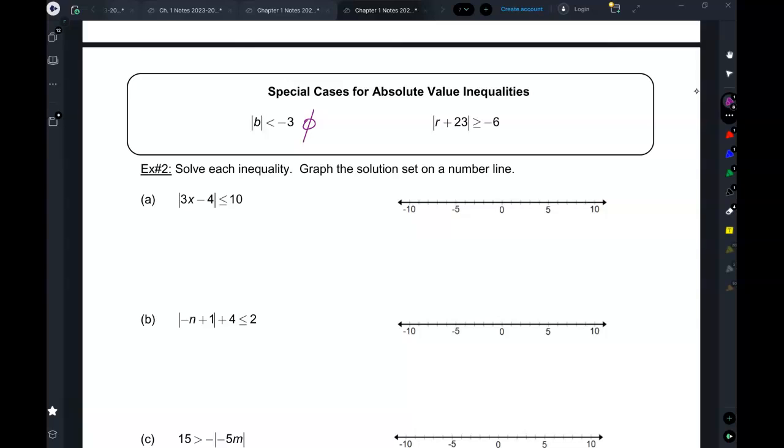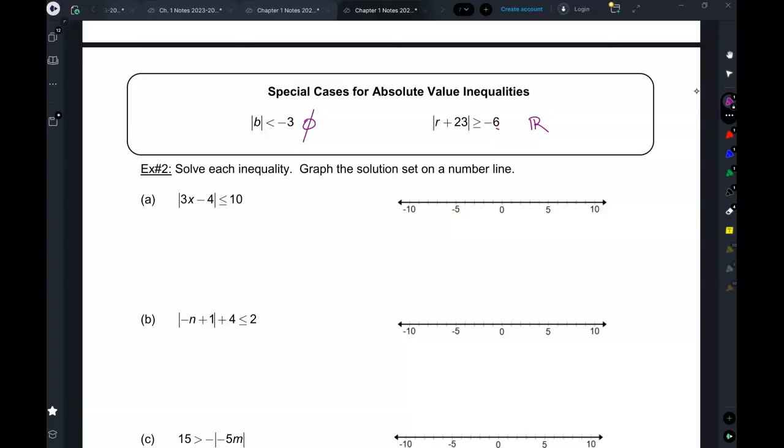But what if you have an absolute value greater than or equal to -6? Any number that comes out of the absolute value will be positive, right? So no matter what, it's always going to be greater than a negative number, correct? So this situation is always all real numbers. Wait, I'm a little bit lost.